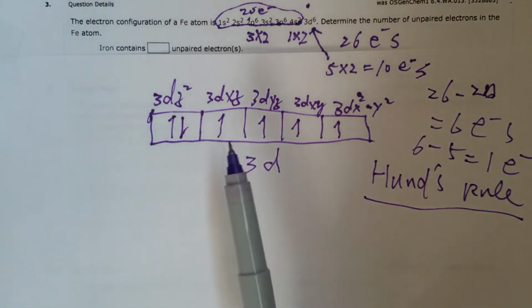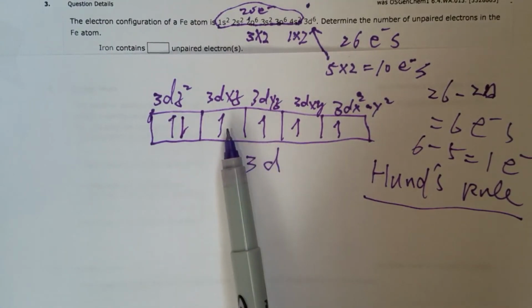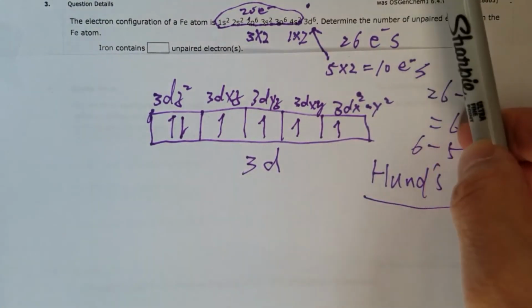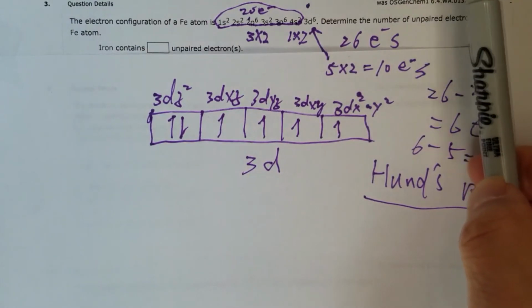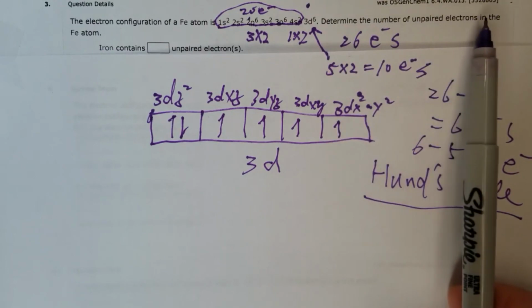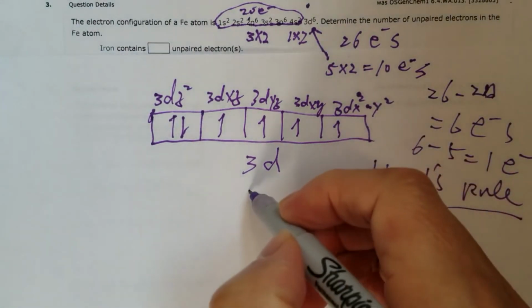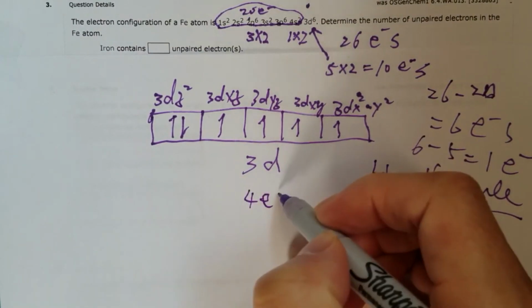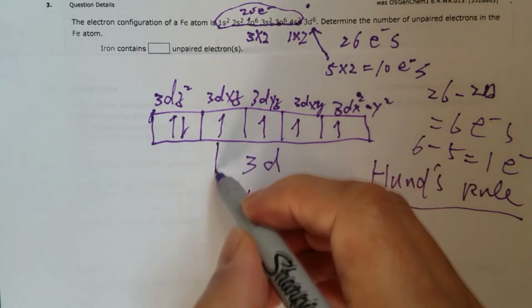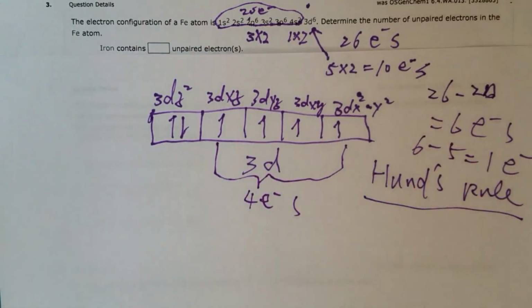Now let's count the number of unpaired electrons: 1, 2, 3, 4. What is asked in the question? Determine the number of unpaired electrons. So there are 4 unpaired electrons. That's question number 3.